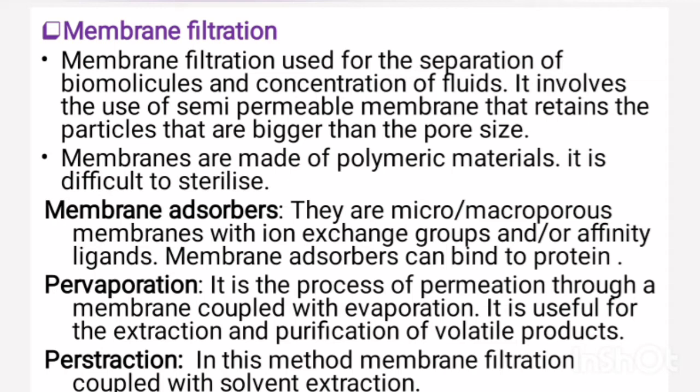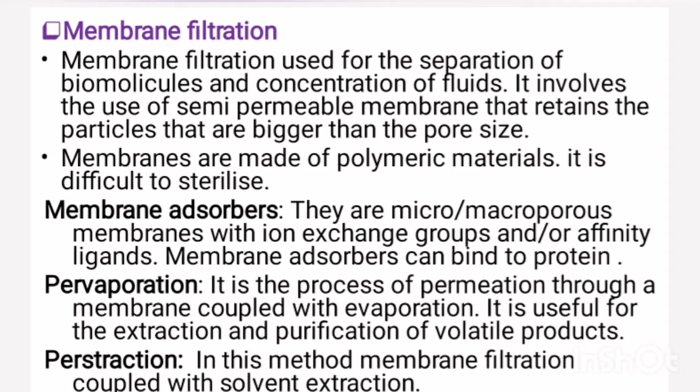Membranes are made up of polymeric materials, so it is difficult to sterilize these materials. In recent years, microfilters and ultrafilters are available, and their sterilization and cleaning is easy.